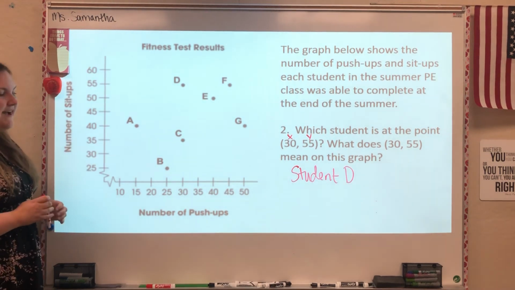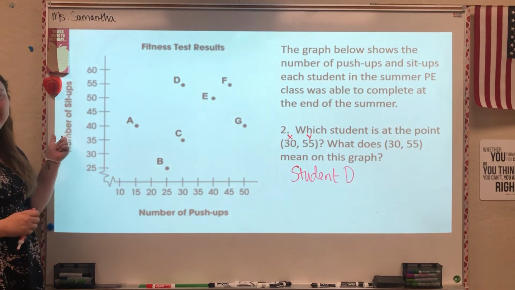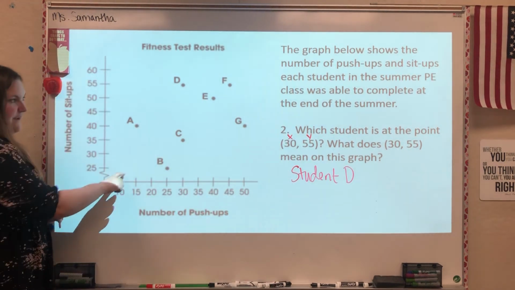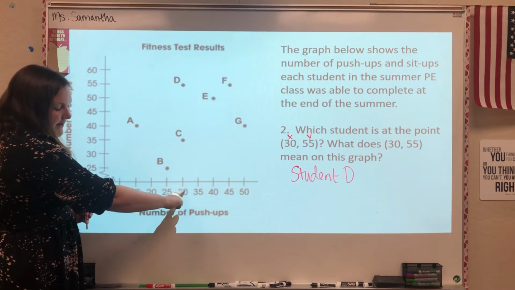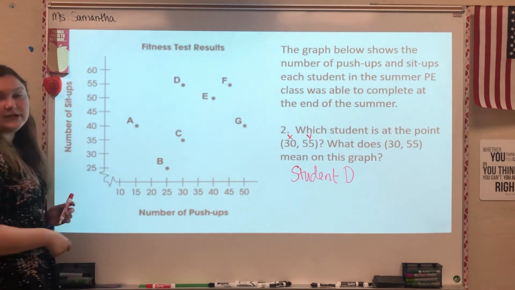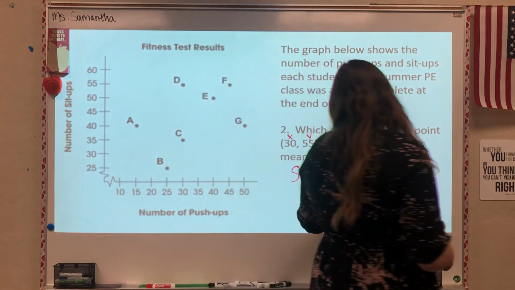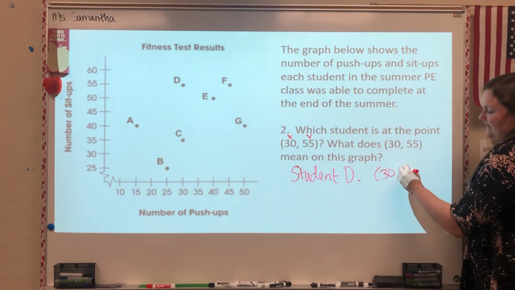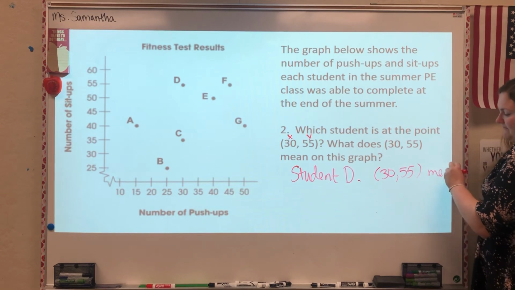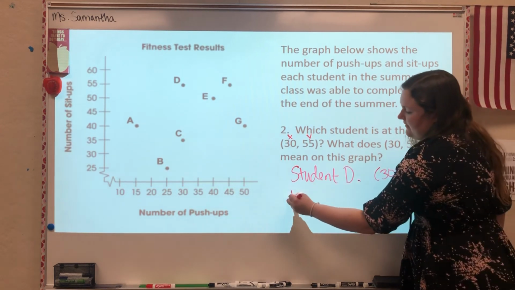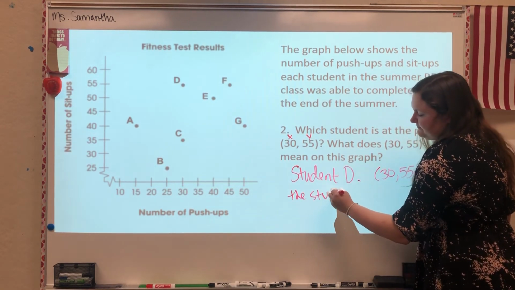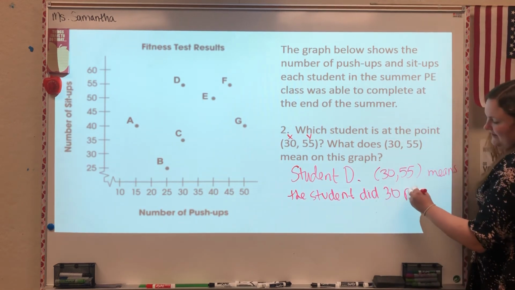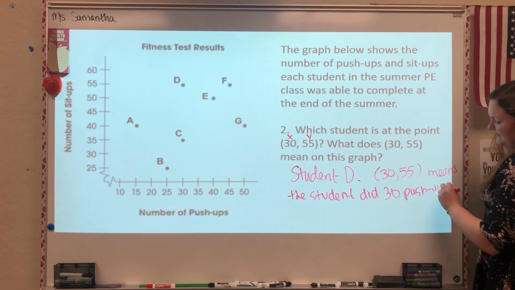Well, it's going to go back to our x and our y axis. That 30 was our x coordinate. So when I find student D is at 30 here, it means they did 30 push-ups. So I could say (30, 55) means the student did 30 push-ups.